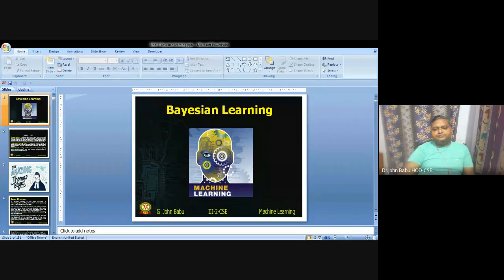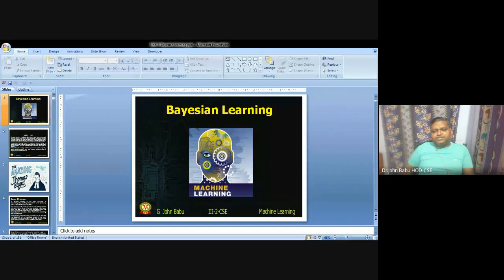So Bayes' theorem. This is Thomas Bayes. This theorem was a revolution, especially in case of artificial intelligence and machine learning in the 1980s.